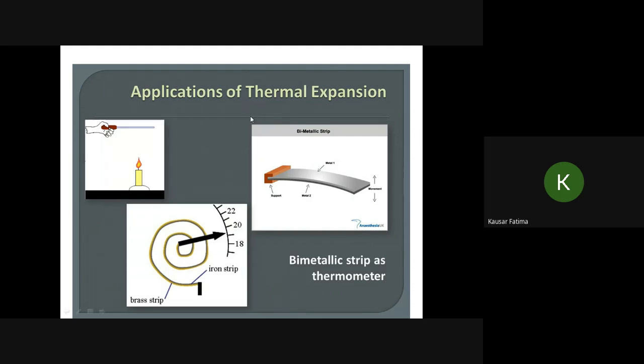One of the very common examples is the bimetallic strip. A bimetallic strip is made up of two metals which have different values of alpha. One has a greater value of alpha and the other has a smaller value of alpha. One expands more on heating and the other expands less on heating.